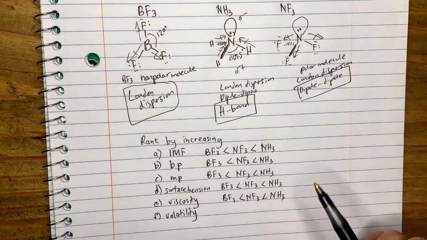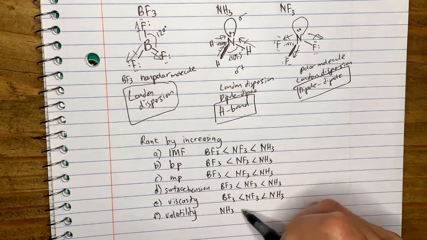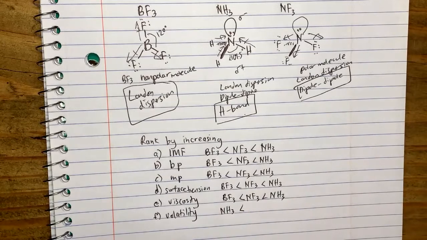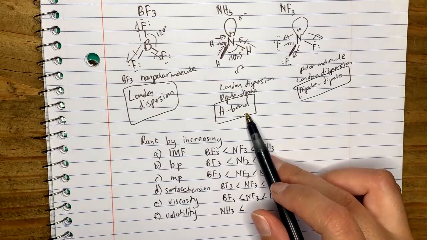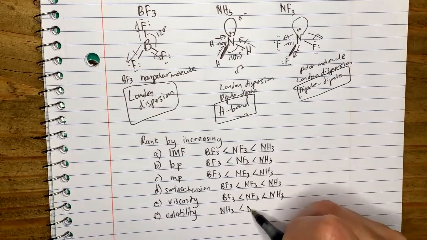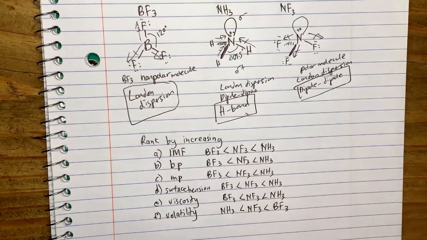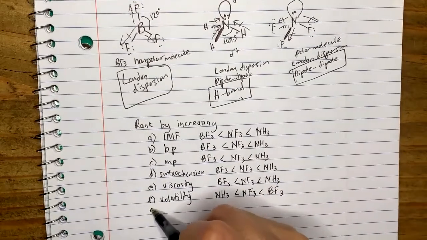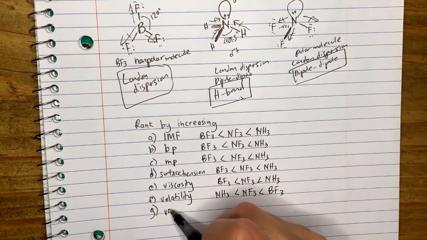The highest one is the least volatile. So in this case, ammonia, NH3, will have the least amount of vapor because it has the strongest intermolecular force, so it's harder for them to turn to gas. NH3, and then NF3, and then BF3. So you see how this one's the opposite, right? What else can you think of? The next one is increasing vapor pressure.